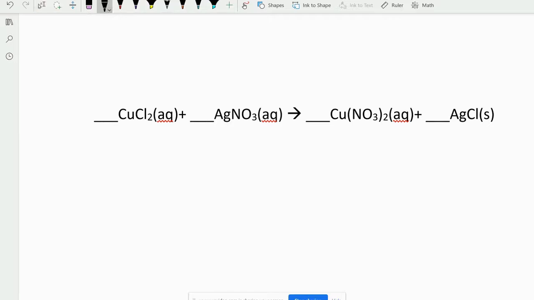What I generally do when I'm teaching this to my first year chemistry students is I separate the reactants from the products. I start at the left side of my equation and list out all of my elements individually, from left to right. I see copper, I see chlorine, I see silver. Now I notice that there is a polyatomic ion here.